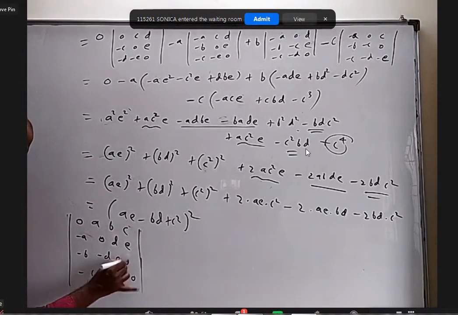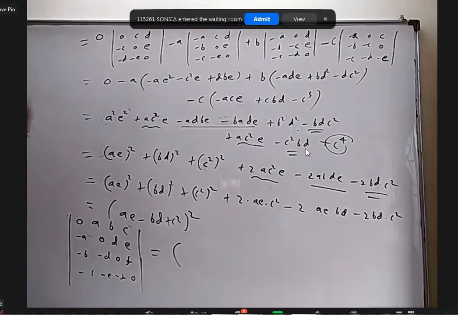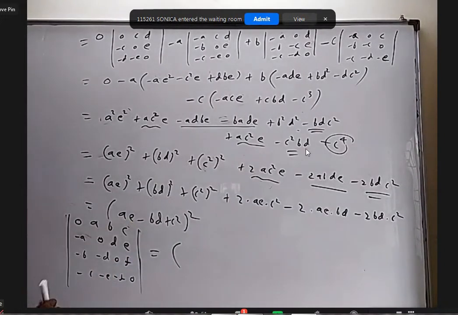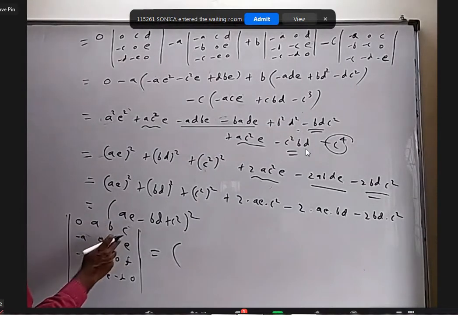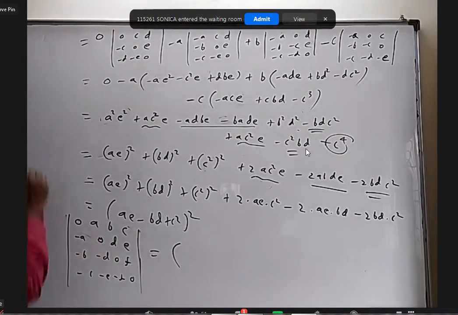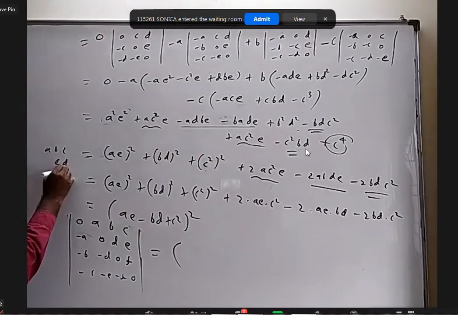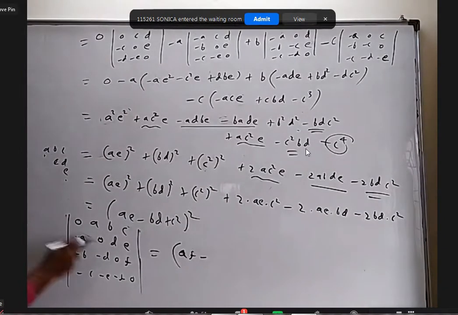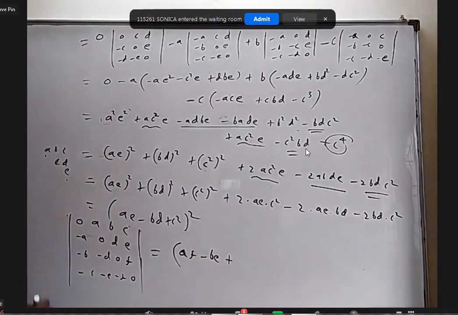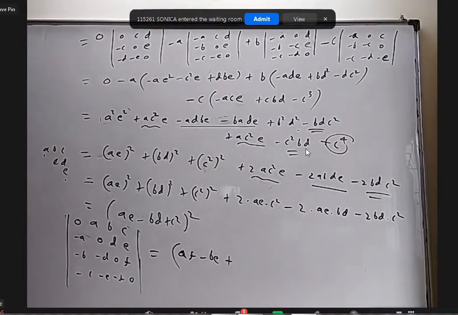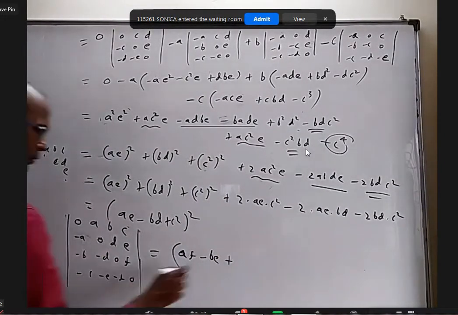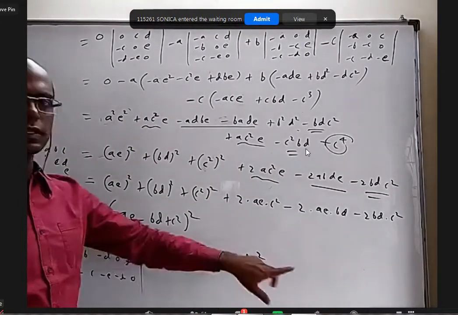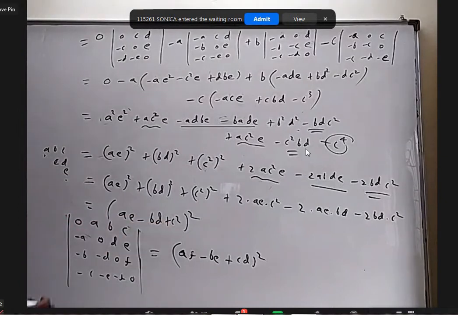This is what I wanted to give, just for the pattern. Anyway, the answer that would have come: AE means I would have got AF actually, and BD means I would have got BE, and the C square I would have got is CD. If I had taken it correctly, I would have got (AF minus BE plus CD) whole square. It's okay. This is also a perfect square. That's good.